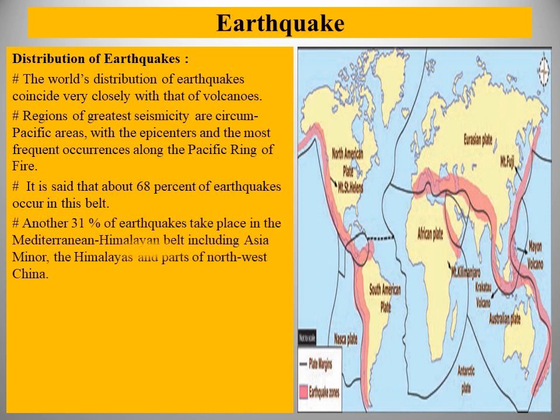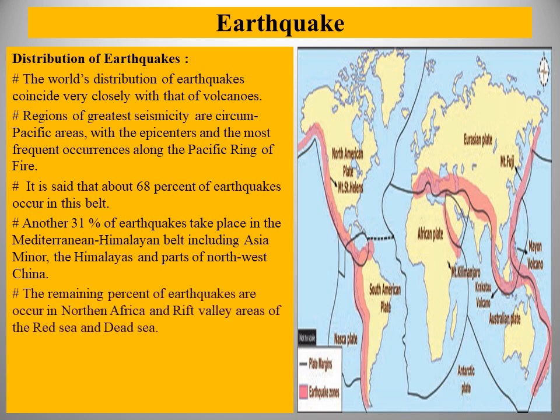Another 31% of earthquakes take place in the Mediterranean-Himalayas belt, including Asia Minor, the Himalayas, and upwards to northwest China. The remaining percent of earthquakes occur in North Africa and Rift Valley areas in the Red Sea and Dead Sea areas.